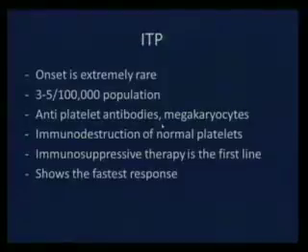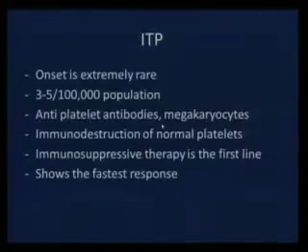ITP. Let's talk a little about ITP here. So the onset of this condition is very rare. It's even rarer to have these patients come to us in a critical condition because in itself the condition is very rare.